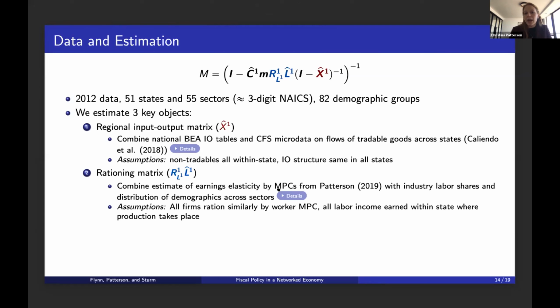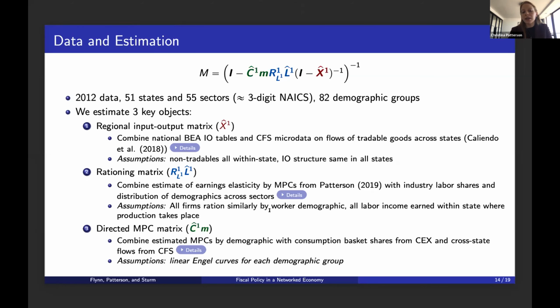We're going to get this by combining state by industry labor shares with the distribution of workers across regions and estimates from some of my previous work on the elasticity of worker earnings with respect to changes in demand across demographics. And then third, we're going to need a directed marginal propensity to consume matrix, which is going to take the change in income and map it into a change in demand for different sectors in different regions.